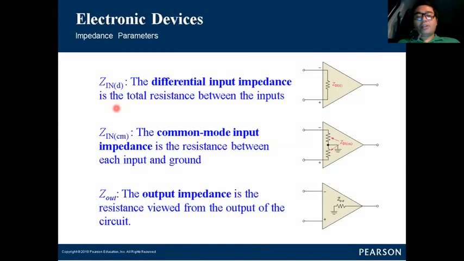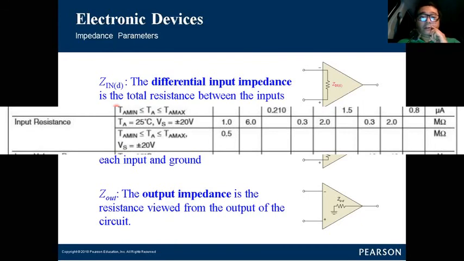So one more thing, no? So ipapakita ko lang yung example ng value ng resistance or impedance ng operational amplifier from the datasheet of the LM741. For this one, ang pinapakita dito sa datasheet na to is yung input resistance. Input resistance is also your input impedance. Ang value, for example, ng ating LM741C, ang typical value niya is 2 meg ohm.